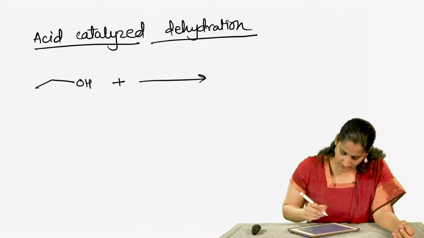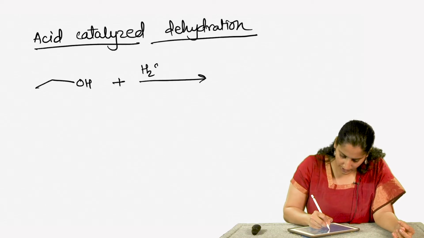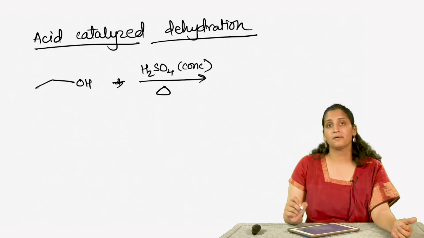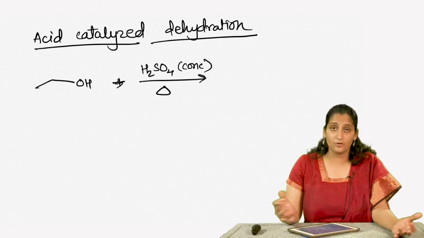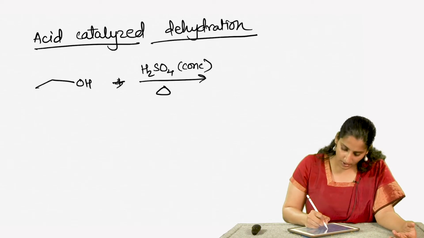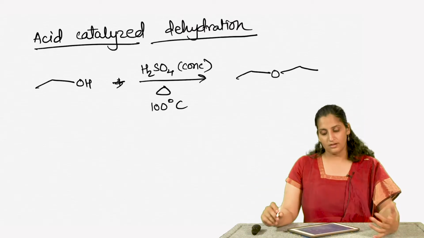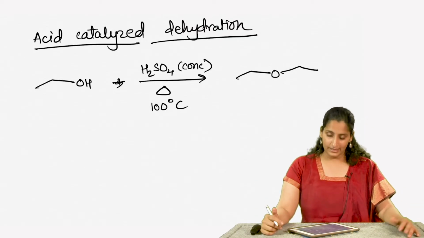In this case we are going to put it in concentrated H2SO4 and heat it at around 100 degrees centigrade or more, and what it does is result in the formation of the corresponding diethyl ether.